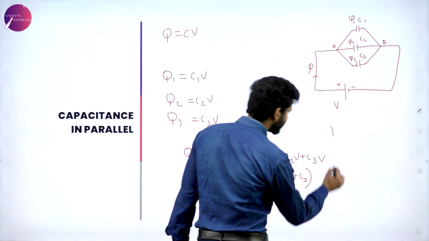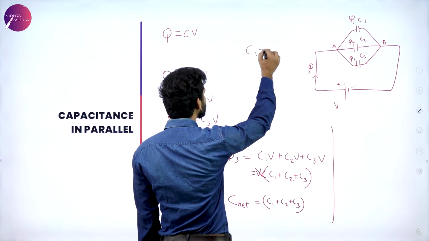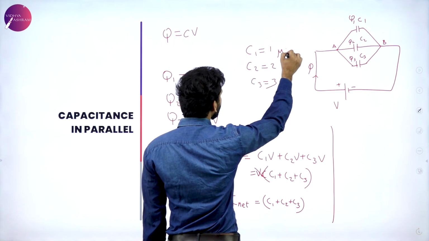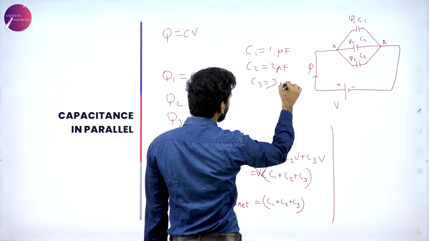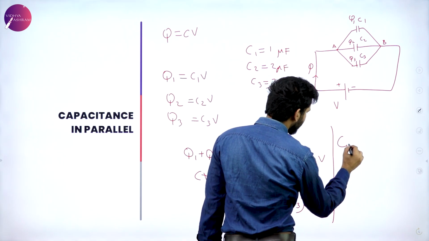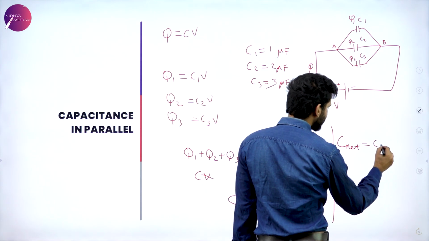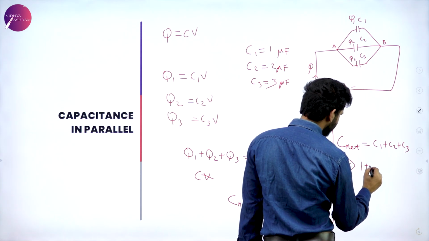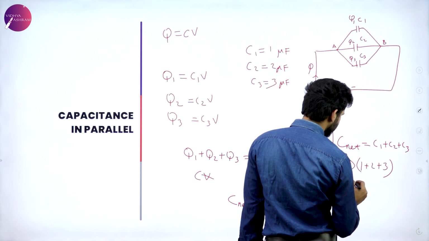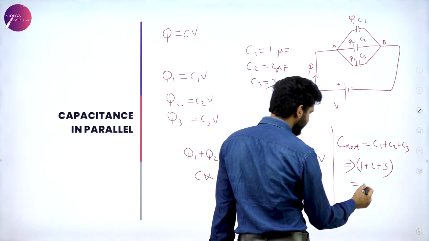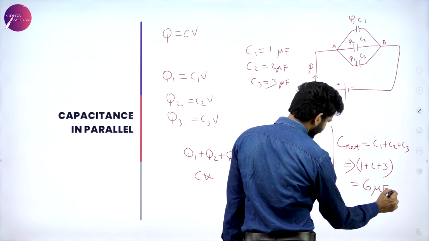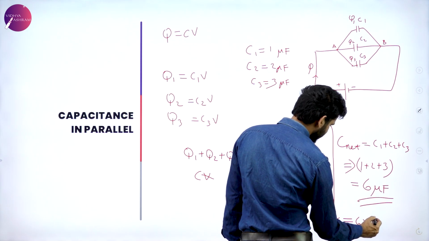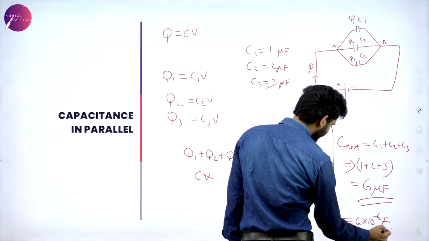So for example, we can say that if C1 is equal to 1, C2 is equal to 2, C3 is equal to 3, let's say microfarad, then we can write net capacitance to be C1 plus C2 plus C3, that is equal to 1 plus 2 plus 3, that is equal to 1 plus 2 is 3, 3 plus 3 is 6 microfarad, or C is equal to 6 into 10 raised to minus 6 farad.